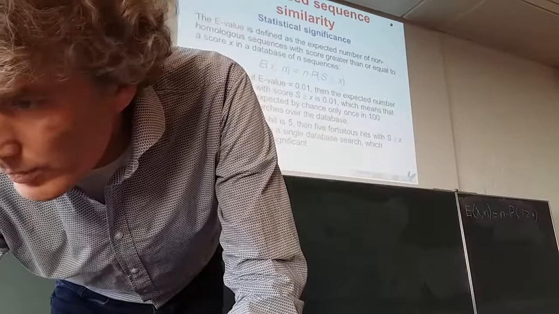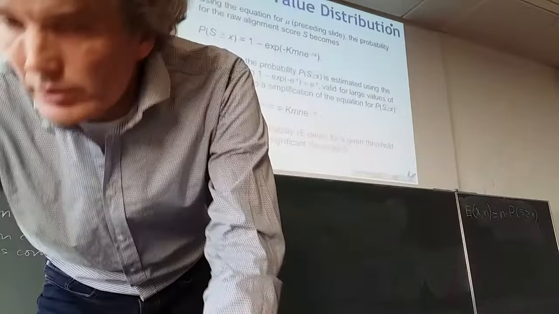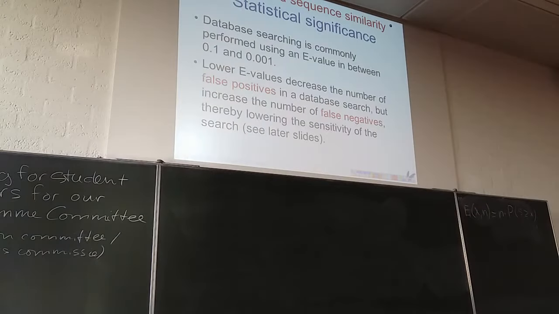Okay, now back to where we were. So common thresholds would be between 0.1 and 0.001. If you have a lower e-value, you get fewer false positives, meaning fewer hits that aren't really matches, aren't really homologues.